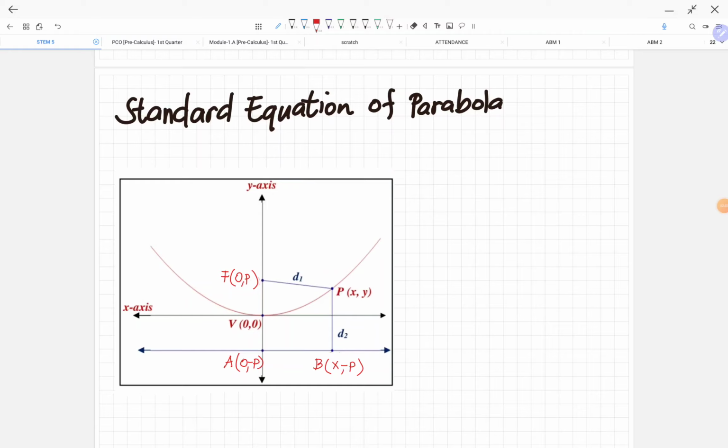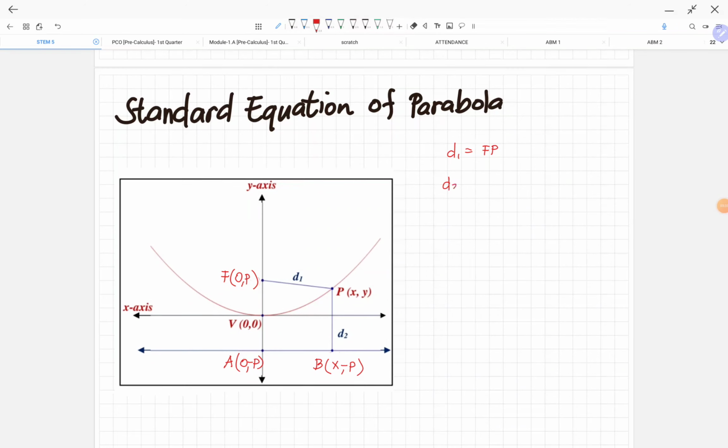And again, based on the definition of the parabola, the set of all points in a plane equidistant to both a fixed point and fixed line. So consider d sub 1 and d sub 2. So therefore, d sub 1 should be equal to d sub 2. Now, d sub 1 is the distance of point F to point P, or it is equal to the length of the segment FP.